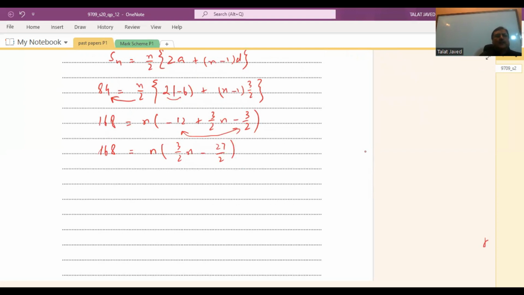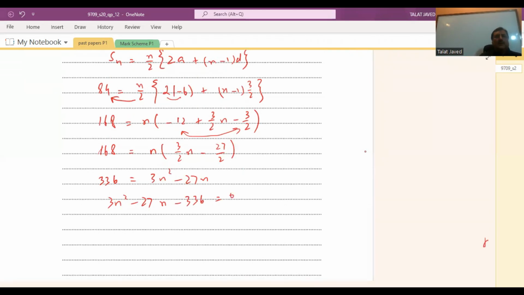If you multiply by 2, we get 336 equal to 3n squared minus 27n. So this is 3n squared minus 27n minus 336 equal to 0.